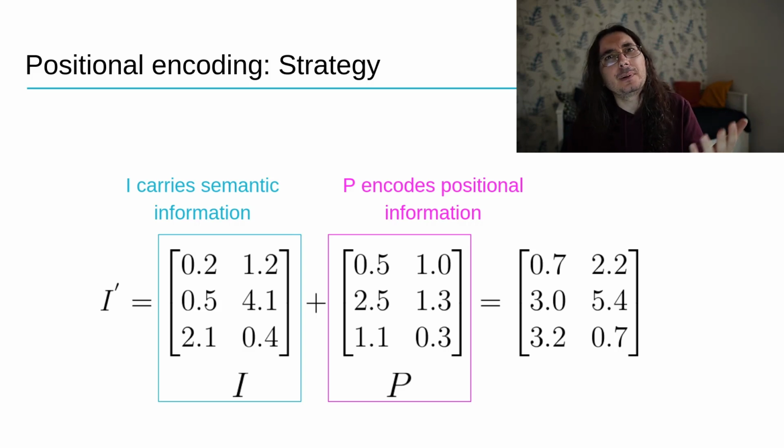Now you may be wondering, but how can the transformer, who only sees this output here, make up the difference, or tell apart the two initial signals? So the original signal about semantic information and the other one about the relative positions.